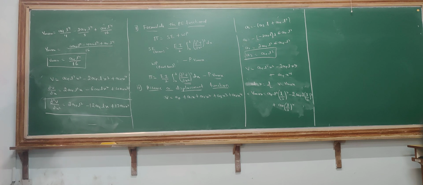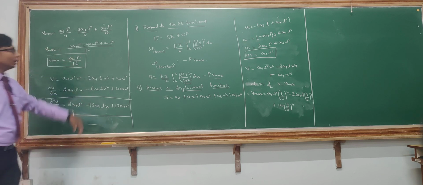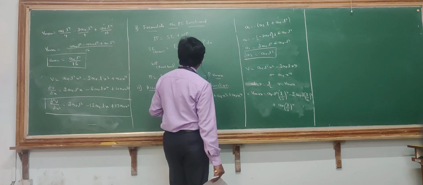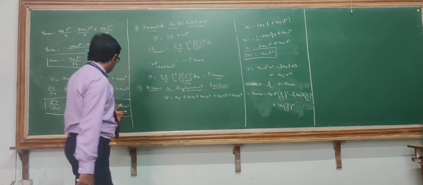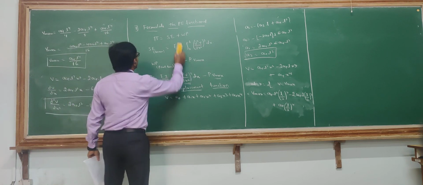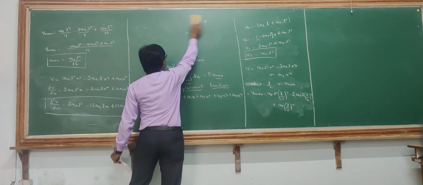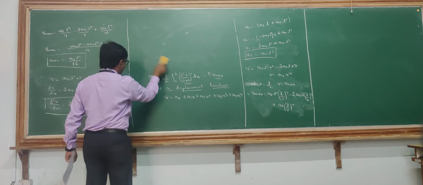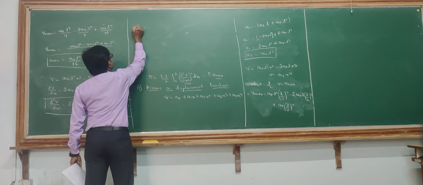Okay. So now we will be substituting the equation in the potential energy function, the displacement equation, and then we will be integrating it to get the value of A4. So substituting, that is the third step.